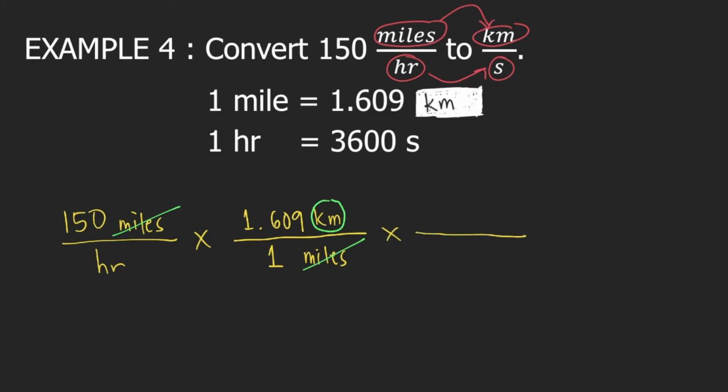So to cancel hour, we put the other one on top, and then seconds on the bottom. And according to the equivalence, 1 hour is equivalent to 3,600 seconds. So hours will cancel since they are on opposite sides. And then we have seconds at the bottom.